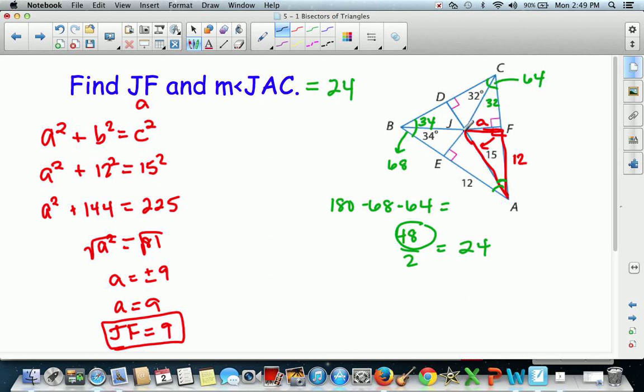The given information was J is the incenter of this triangle. That's why I could do all that, because this was given to me and I did not write that out. I apologize, but J is the incenter of triangle ABC. So make sure you add that to your notes. That's why we can get all that information.